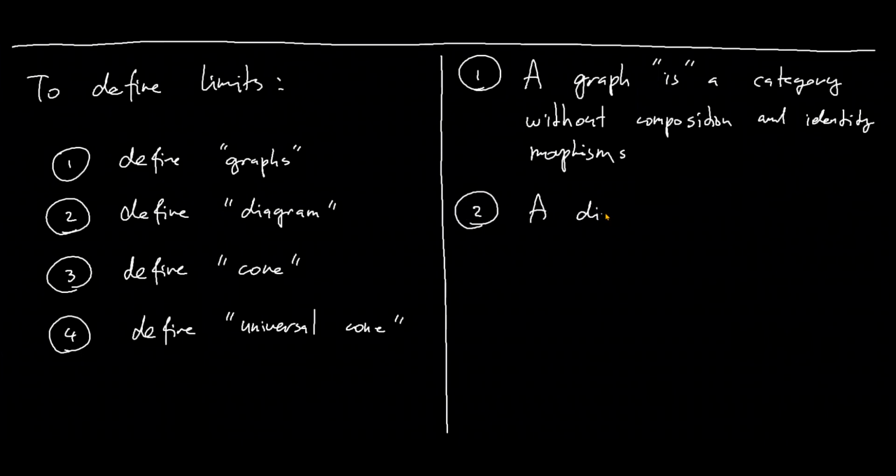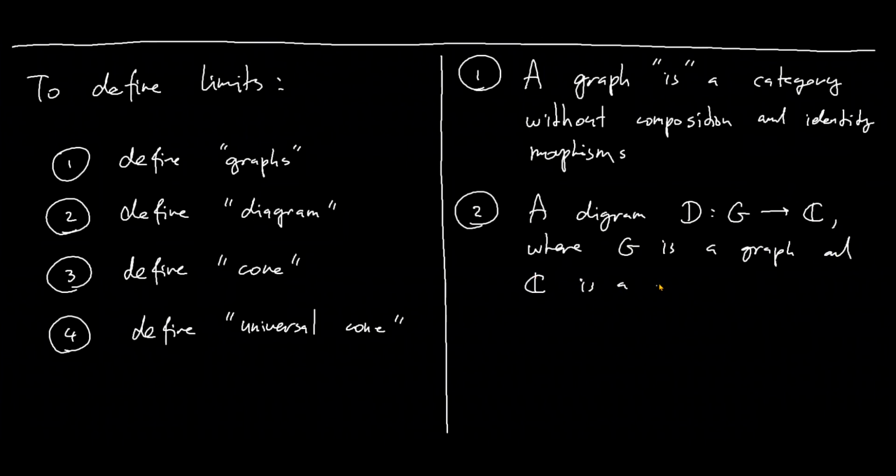A diagram D from G to C, where G is a graph and C is a category, again, we're going to use a subtractive approach here.